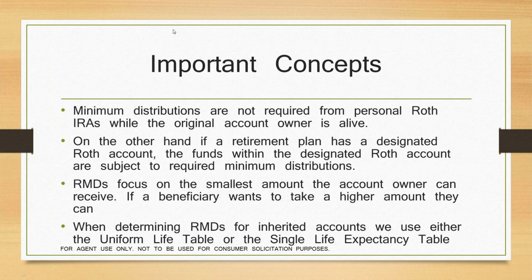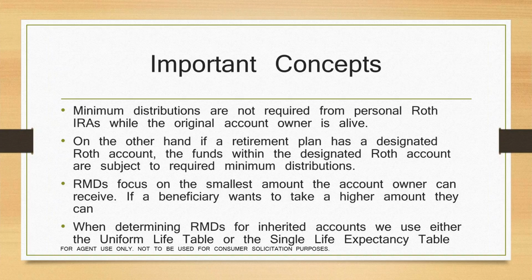So a couple of things before we get too involved in it. First of all, minimum distributions are not required during the lifetime of a regular Roth IRA owner, while the Roth IRA owner is alive.